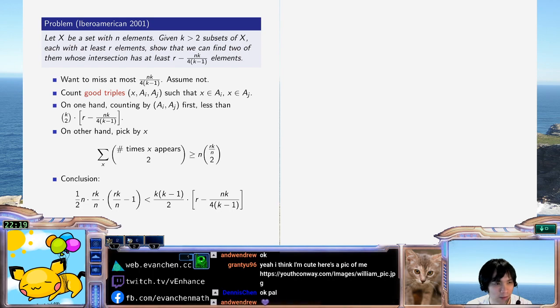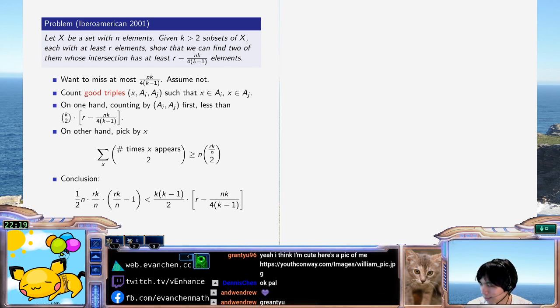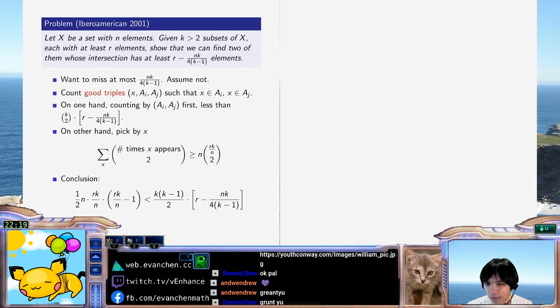So if I cancel a ton of stuff, this doesn't look good. It doesn't look like the expressions match up. Did I mess something up?